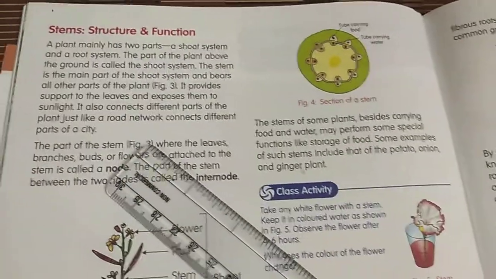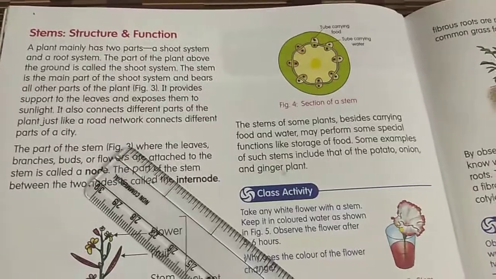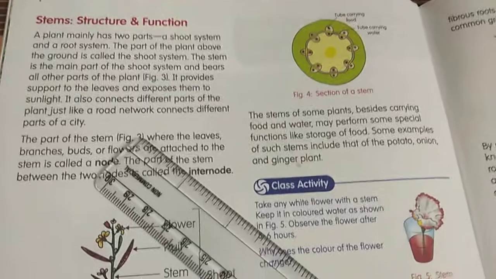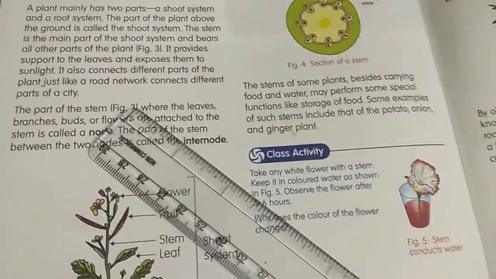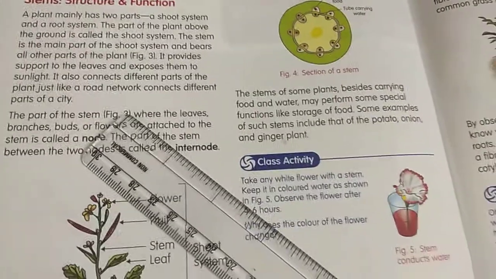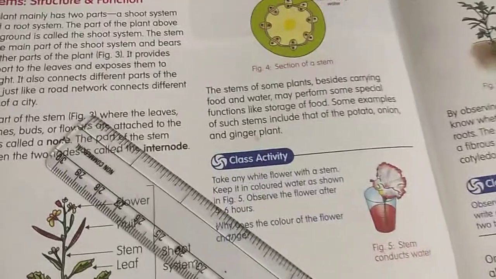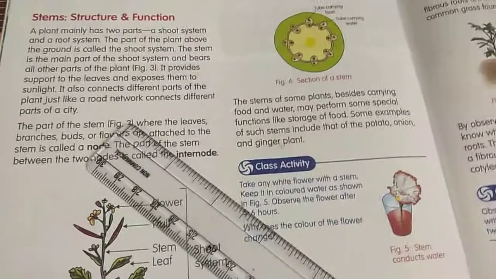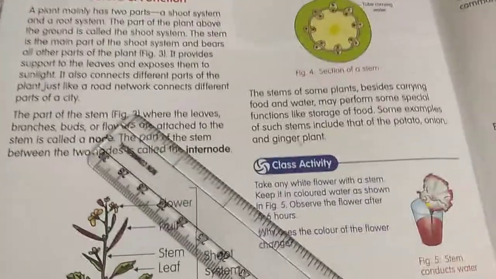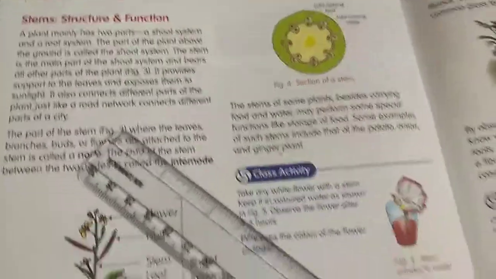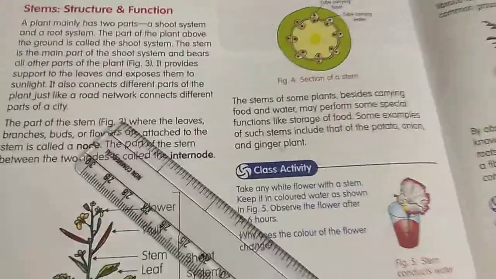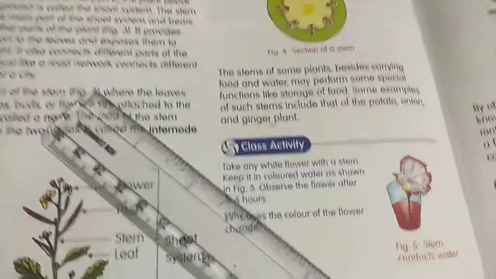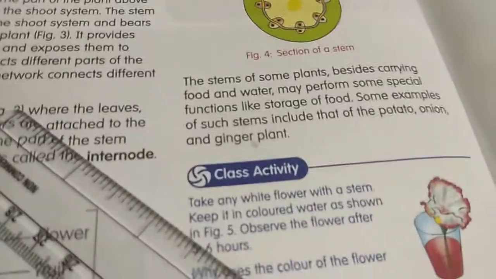In the plant, the formation of a flower is like a newborn baby, the formation of a vegetable is like a boy or girl stage, and when the vegetable becomes fruit, ripening, it is like an old man. Okay, so now you have learned what the shoot system and the root system are.